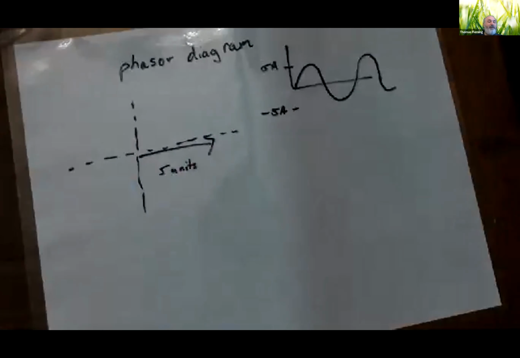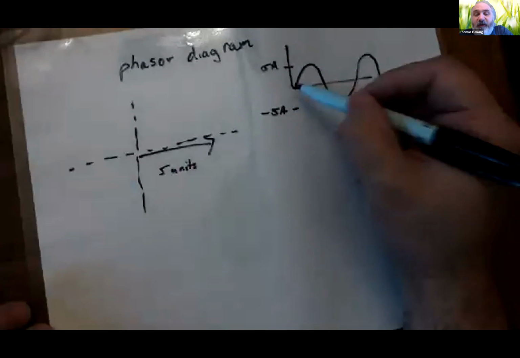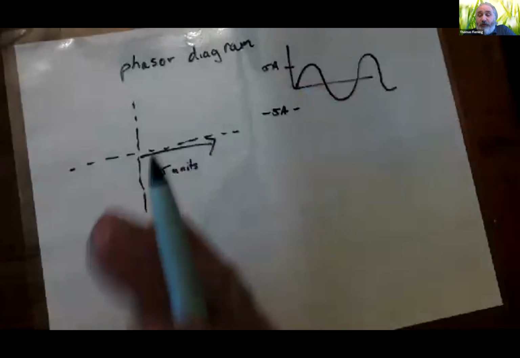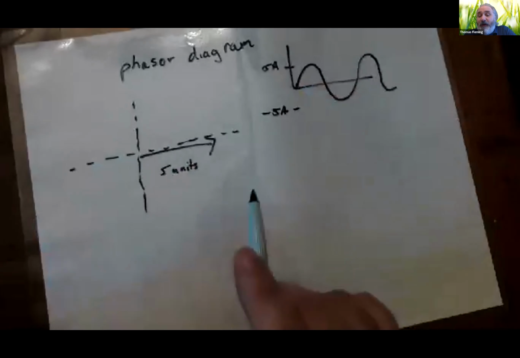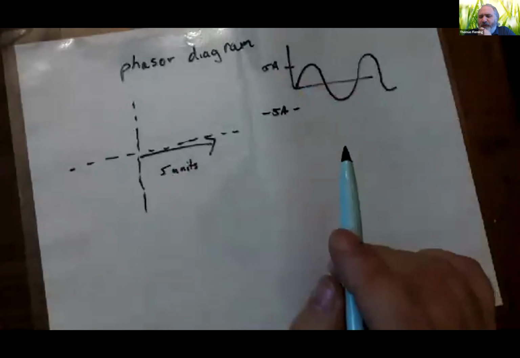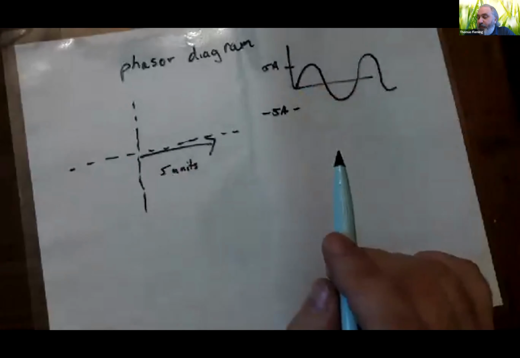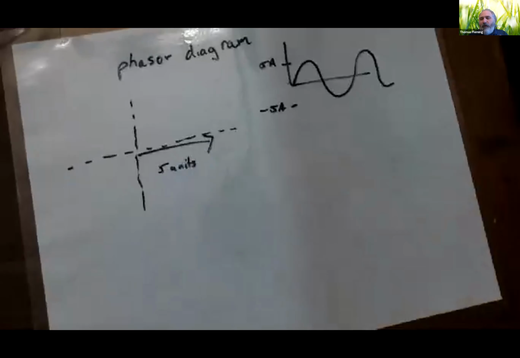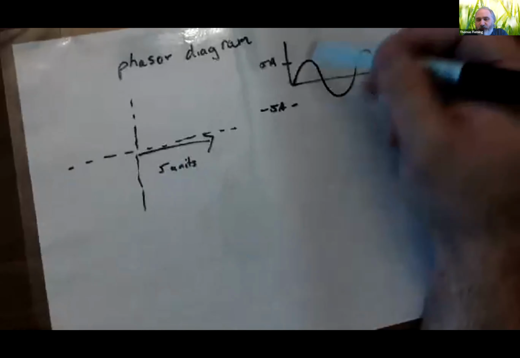And the value of the current is going to be one component of this arrow. It depends on how you set this up. A lot of people use the y component, others will use the x component. For reasons that hopefully will become apparent in a minute, let's use the y component for this. So as this arrow rotates, at any given moment, the y component of that arrow is what the current is actually doing.